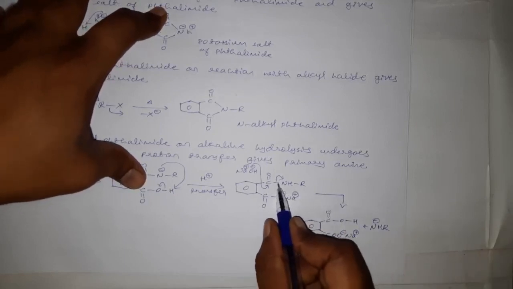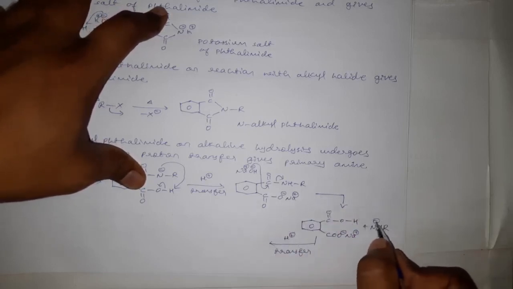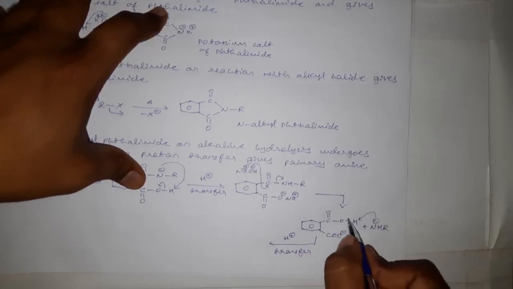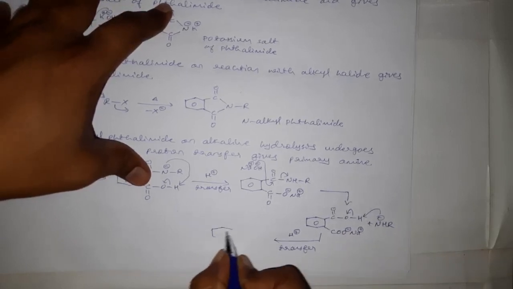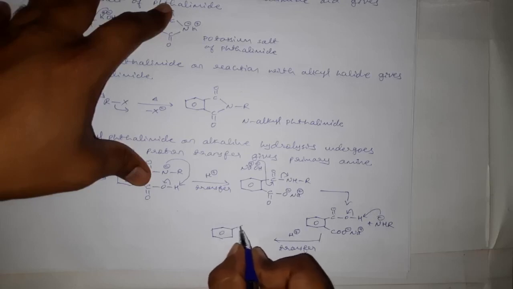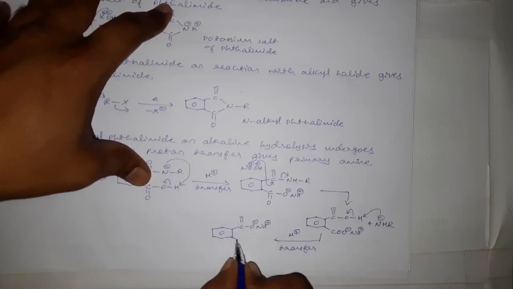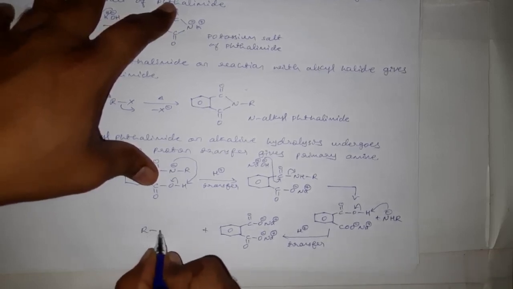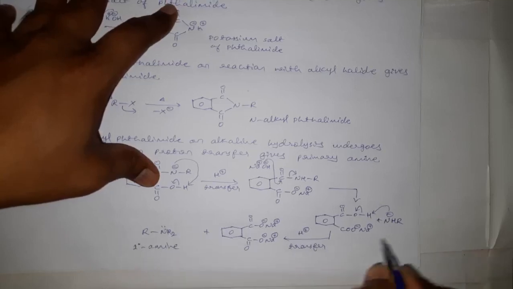It is going with a bonded pair of electrons, that is, bonded pair of electrons means negative charge, and this negatively charged nitrogen is now abstracting this proton, and these bonded pairs of electrons are moving towards this oxygen, and therefore here we will get C double bond O, O minus Na plus, plus this RNH2, this is primary amine.